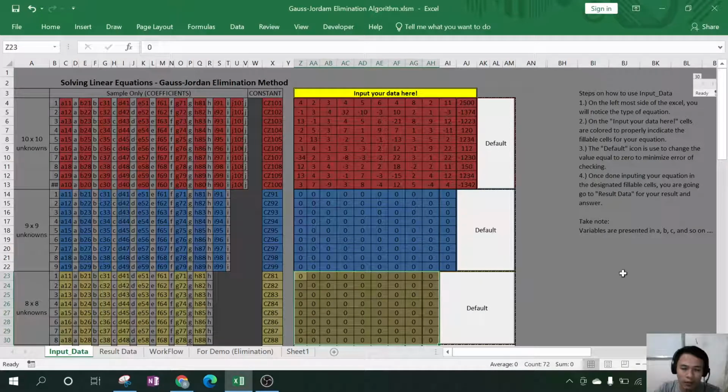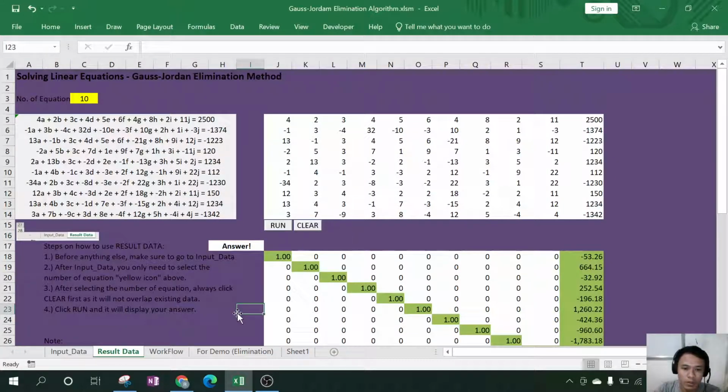After you have inputted your data here in input data, you go to your result data. In result data, first things first is to select the number of equations.